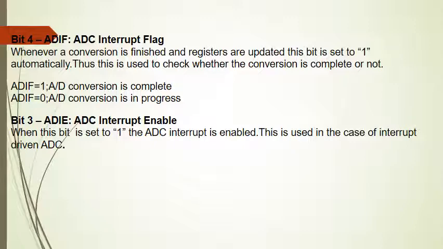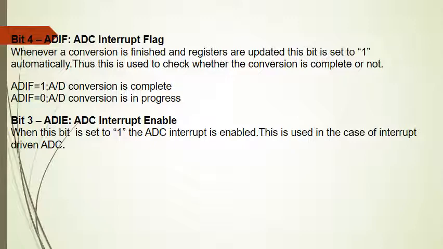If the ADC interrupt flag is set to 1, then we can conclude that the conversion has taken place, or the conversion is complete. And if this bit is 0, then it means that the conversion is still taking place. We should wait for further action till the bit becomes 1.